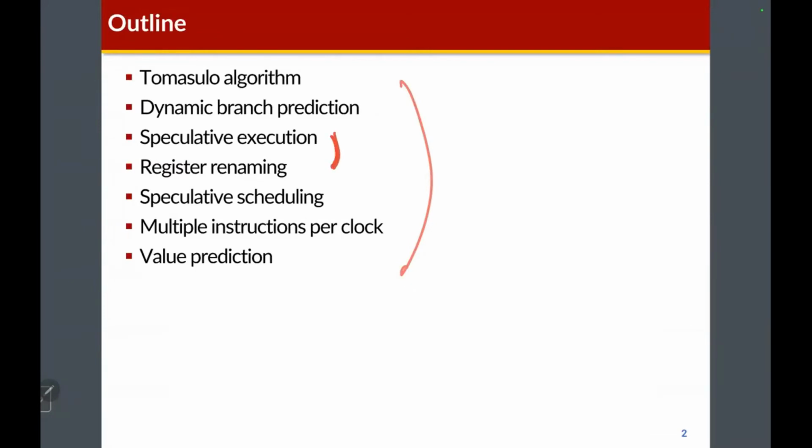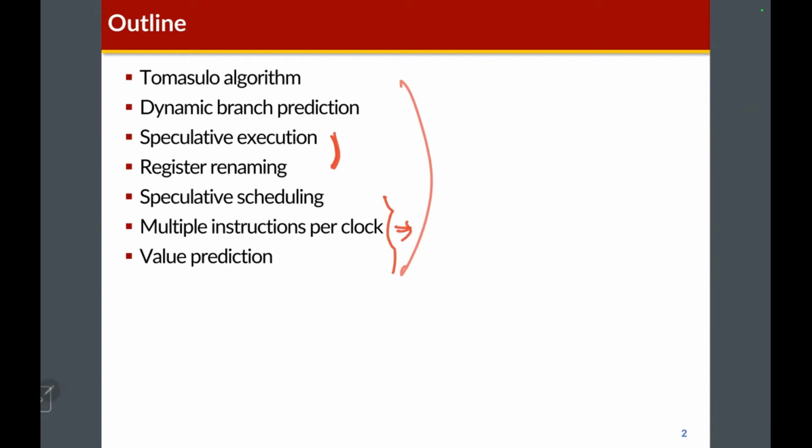It's very critical for the performance, actually, the speculative execution. Also, we learn about register renaming, and those are some additional techniques that can increase the performance of out-of-order processors, like speculative scheduling and superscalar, multiple instructions per clock.